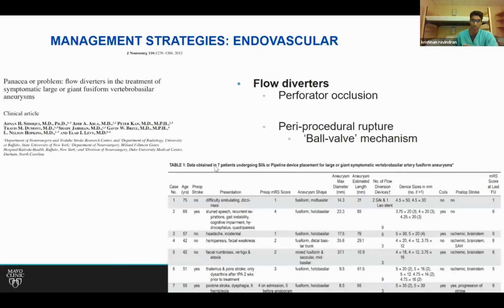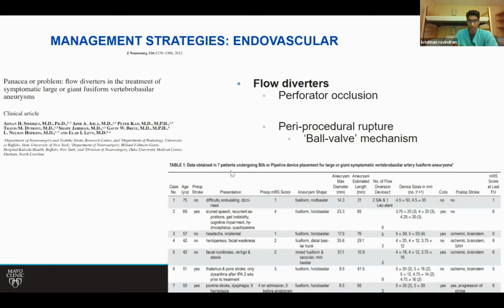What this was thought to result from in the vertebrobasilar system was a ball valve mechanism where flow was reduced going anterograde, but the jailing, or the lack of jailing, of certain small vessels meant that there was siphoning of flow, and this would allow patency and increase the pressure within the fusiform dilated segment and increase the propensity of rupture.